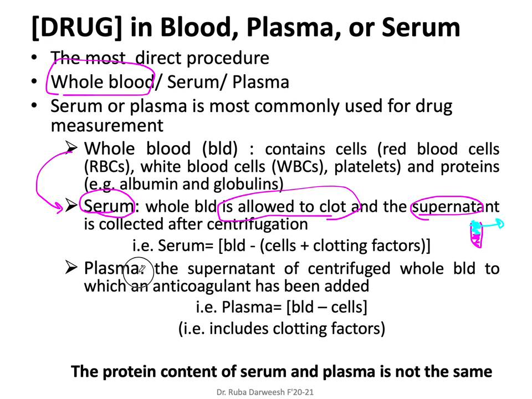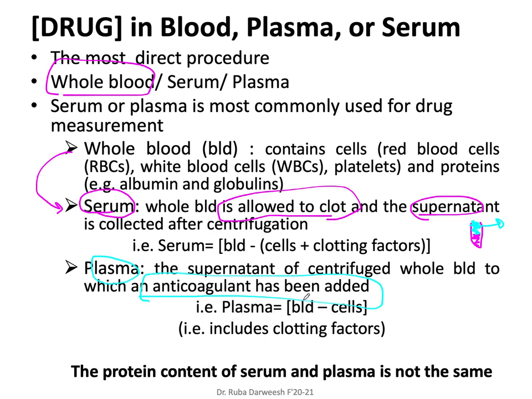The only difference in the plasma is that we do the centrifugation of the whole blood and we take the supernatant, but we add an anticoagulant before. So we don't have the clotting step. We add the anticoagulant.